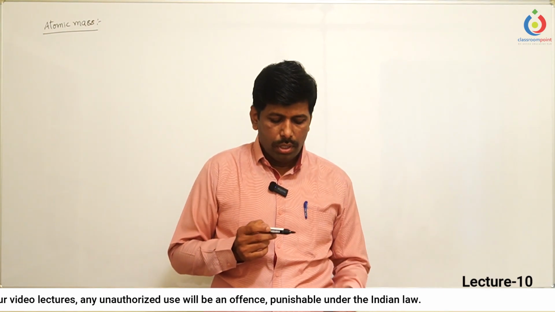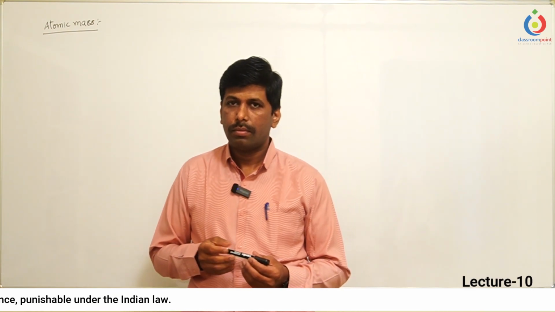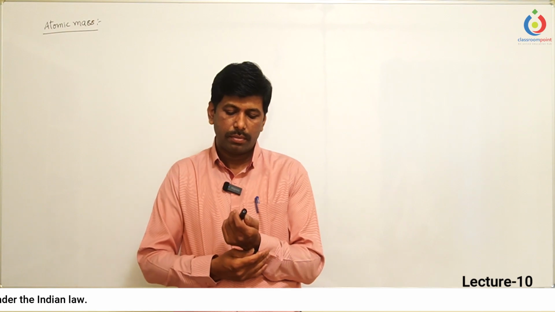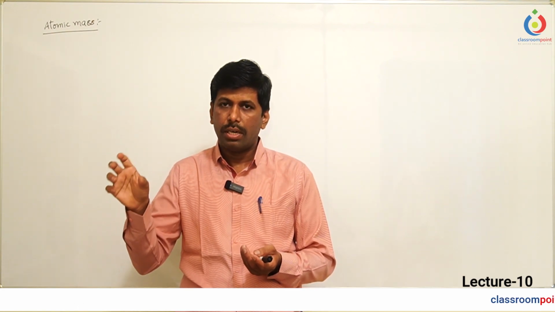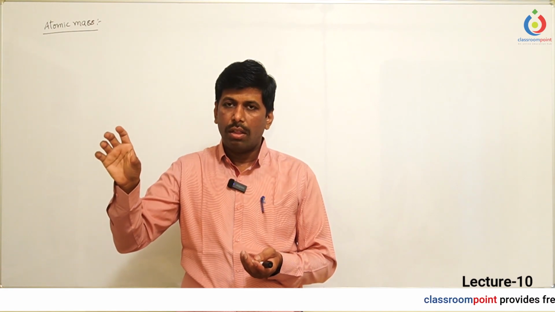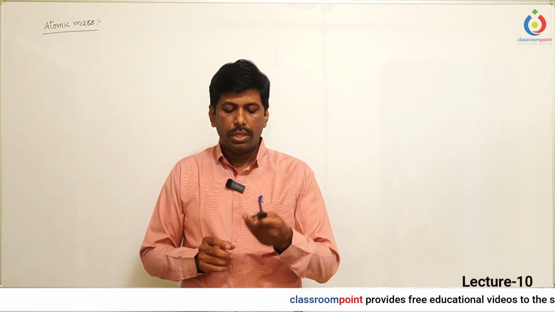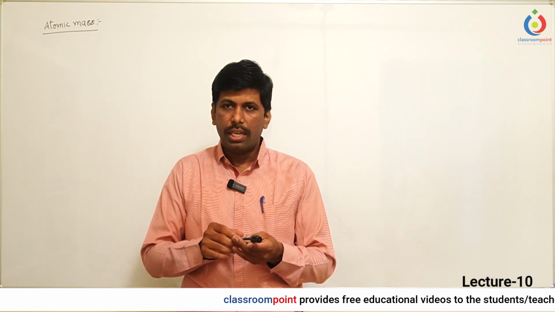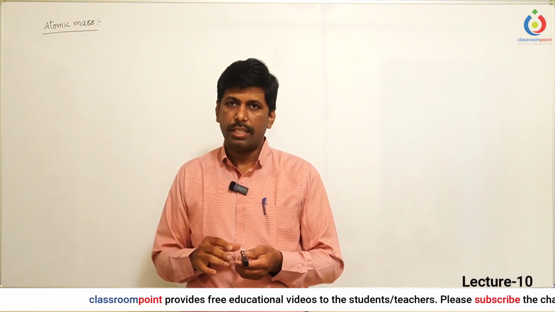For example, if you take this particular marker, imagine I don't know the mass of this marker initially. So I will take some measuring bars, and I call each measuring bar 1 gram. This marker I keep on one side of the balance and the measuring bars on the other side.